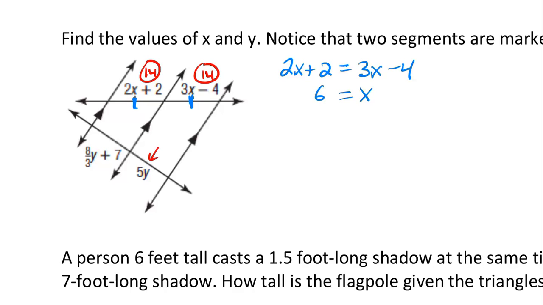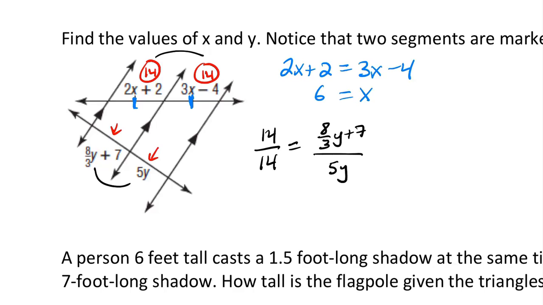These segments are not marked as congruent, but we can use the triangle proportionality theorem since we have a triangle here. We can state 14 over 14 would equal 8/3 y plus 7 over 5y.